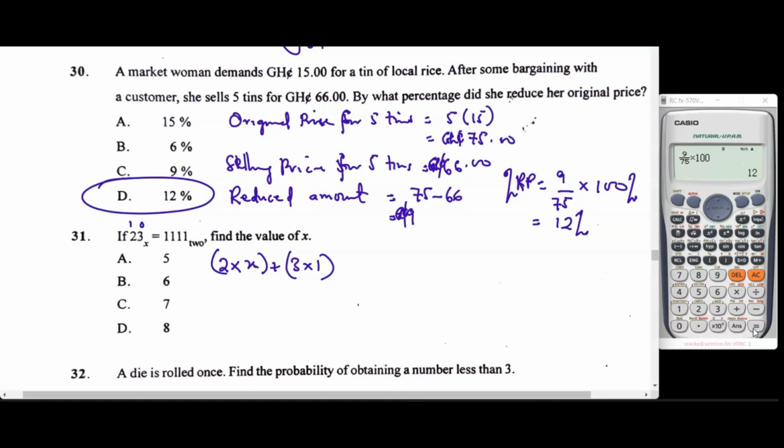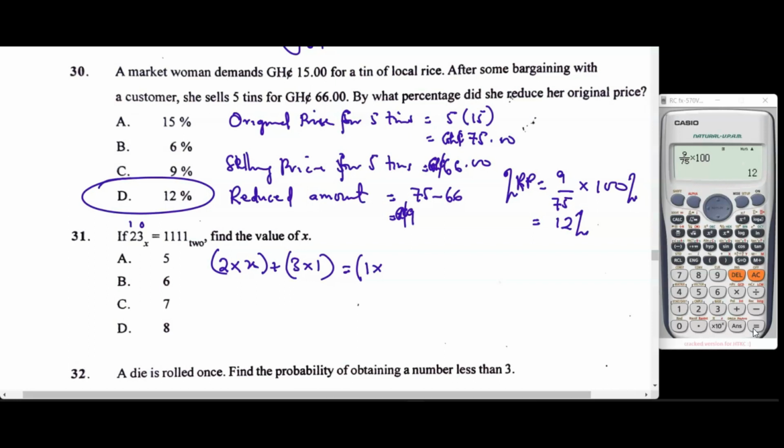X to the power 0 is still 1. So that is how you get it done. Then some of you like to number it again 0, 1, 2, 3. Yeah, you can do that. But if you know your place value very well in base 2, you can go straight ahead and do that. So that is going to give us 1 multiplying the place value of 2 for the 1 here, which is actually 8. So let me just educate you a little about place value in different bases.